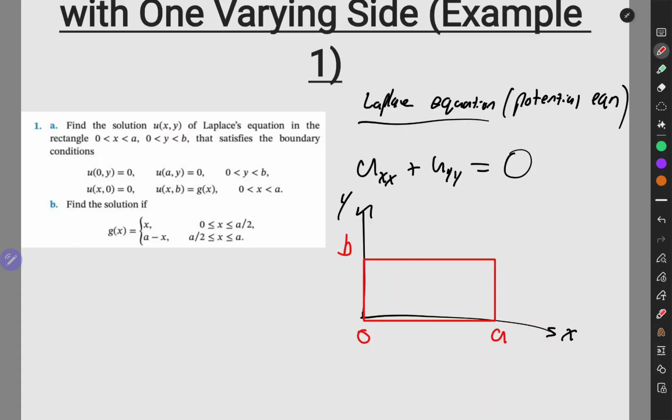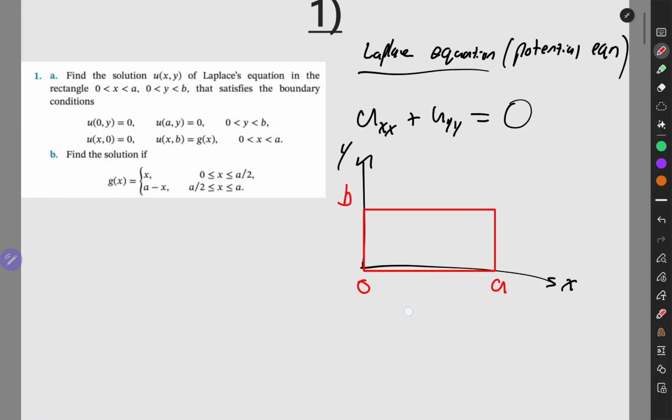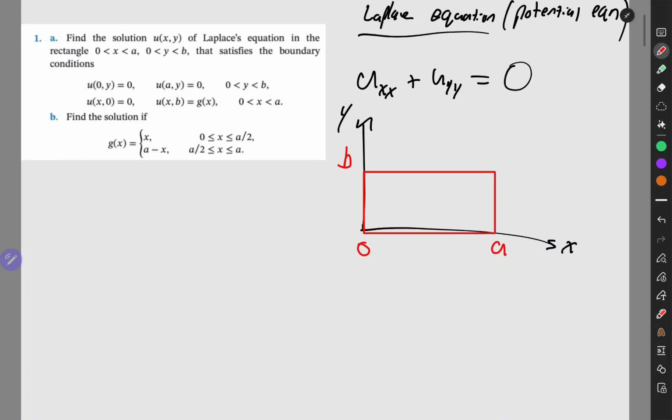You notice we're only given boundary conditions, because we're time independent, right? So we're not going to have any initial conditions depending on time. We have 4 boundaries, so we have 4 boundary conditions, and that's it. You'll see how it works. I don't want to overload your brain in the beginning.